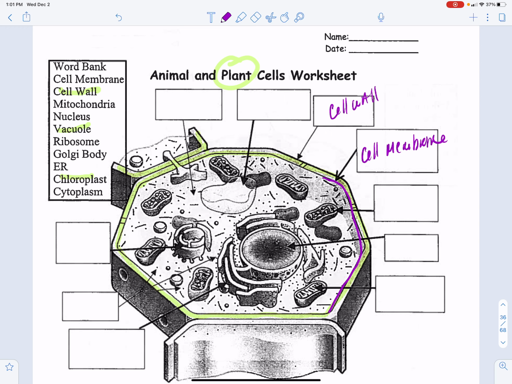They also have mitochondria. Notice these little hot dog looking things, the lines inside these folds. Why do they have mitochondria? Plants need energy too. So I'm going to cross them off as we go. And we got cell membrane. Nucleus, center of the cell right there. Kind of the same idea, very similar.